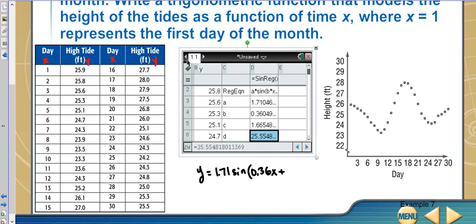This is 1.67 when I round, and then the D is going to be plus 25.55 again when I round. And that's what would provide this function. So that's how you do that using lists and spreadsheets.